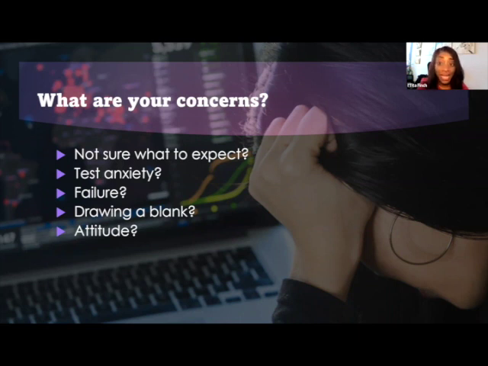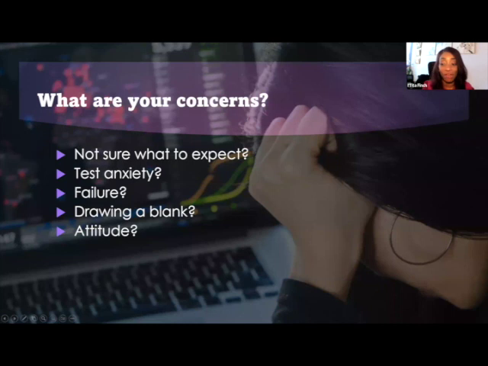Back to visualizing. Visualize. Think about a peaceful place. Even if you have to close your eyes for a minute and transport yourself mentally to some place that makes you feel comfortable, makes you feel relaxed, go there. Tell yourself that you came prepared for this test, or imagine getting a good grade. Be positive, okay?